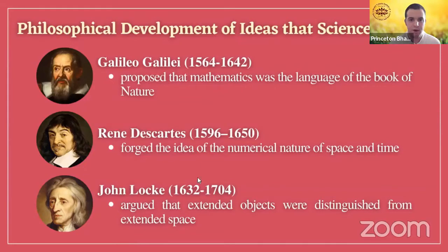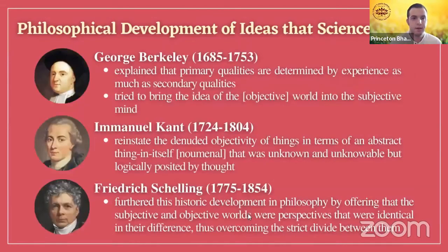Then a little bit later on, but still overlapping with Galileo and Descartes, was John Locke, who argued that extended objects were distinguished from extended space. Then we have George Berkeley, who explained that primary qualities are determined by experience as much as secondary qualities.